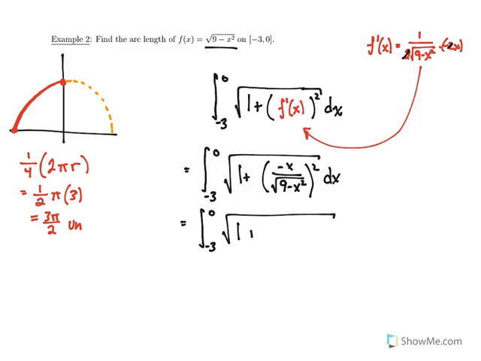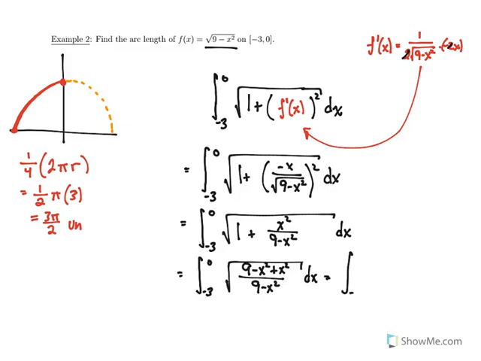Square everything in the parentheses. It's going to give us an x squared over 9 minus x squared. Change that into one fraction. Will give us a 9 minus x squared plus x squared over 9 minus x squared.